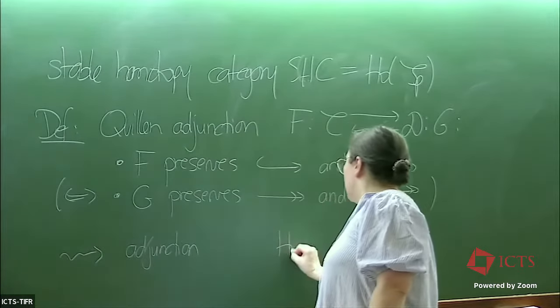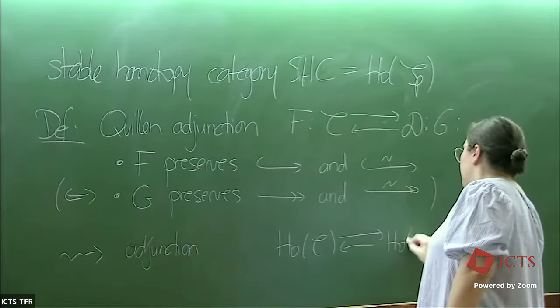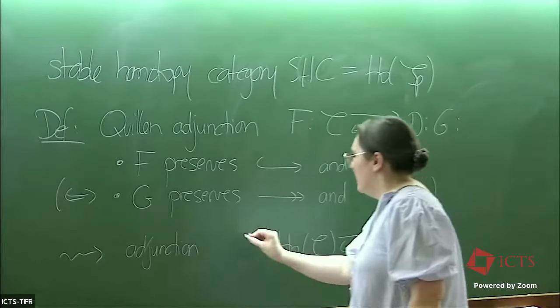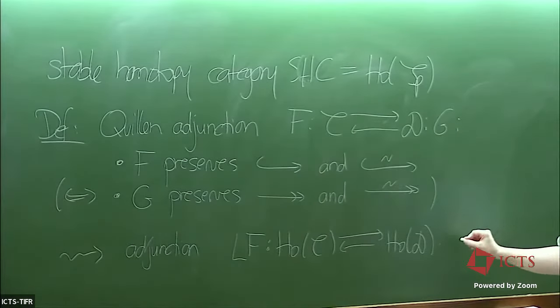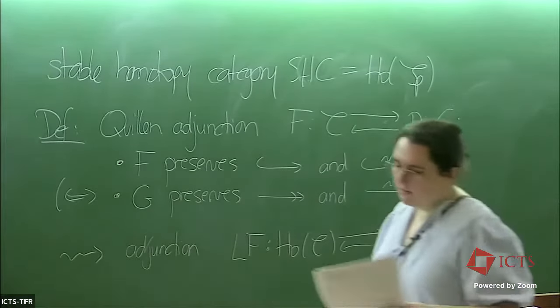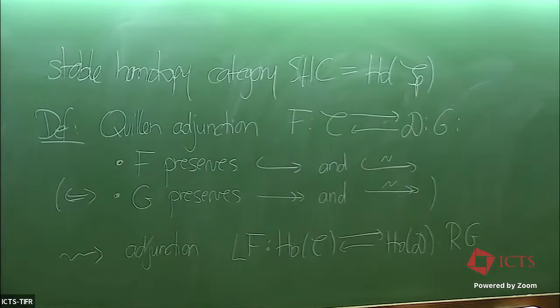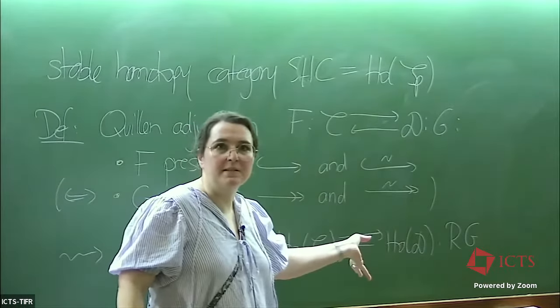So this induces an adjunction on these guys, where this one is called the left derived functor of F, and the right derived functor of G. And that is why it's the correct definition, because that is really what you want. And a Quillen equivalence is going to be a Quillen adjunction that induces an equivalence of the homotopy categories.